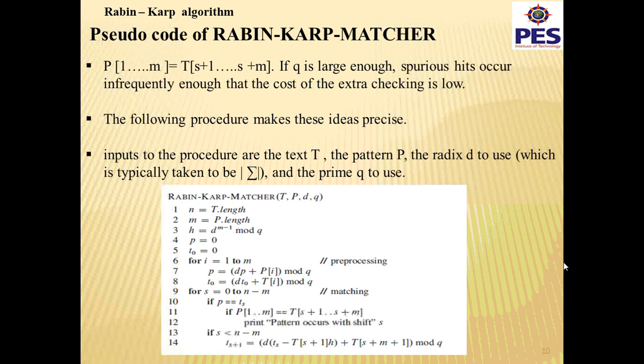Now we see the Rabin-Karp pseudocode. The following procedure makes this idea precise. The Rabin-Karp algorithm usually takes 4 inputs: first the text string, the pattern string, and the d and q values. Q is the modulus, and d is the radix, the base, which says how many digits we have to shift.